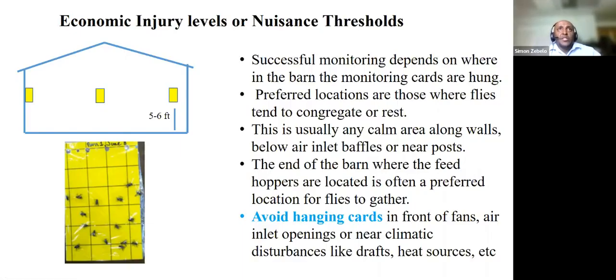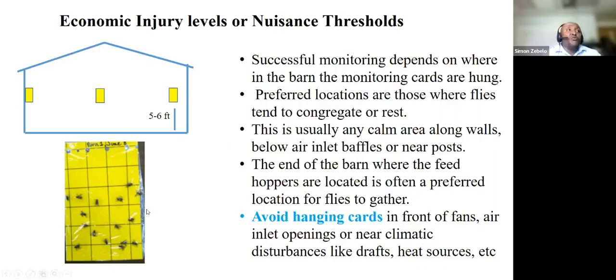Successful monitoring depends on where in the barns the monitoring cards are hung. Preferred locations are those where flies tend to congregate or rest. This is usually any calm area along walls, below air inlet baffles, or near posts. The end of the barn where the feed hoppers are located is often a preferred location for flies to gather.